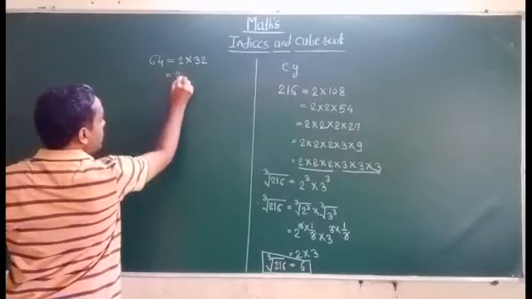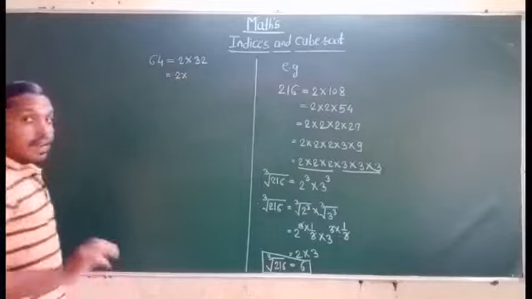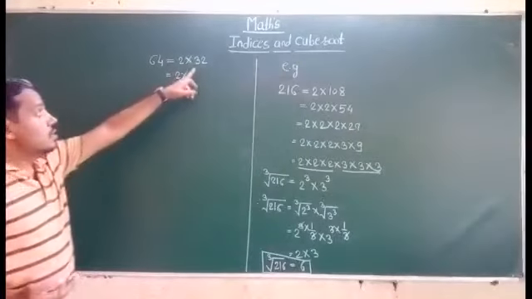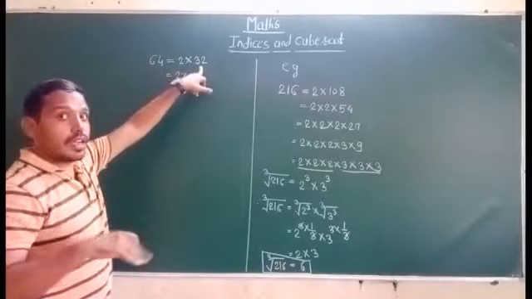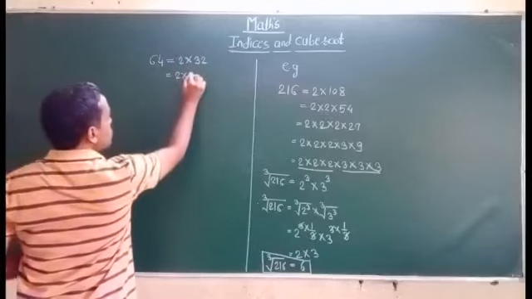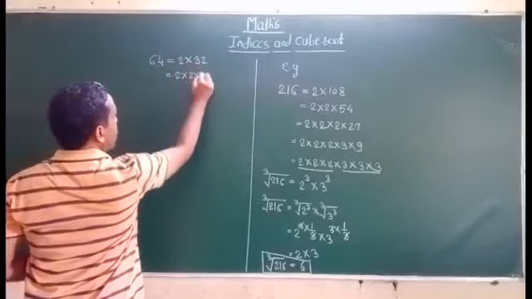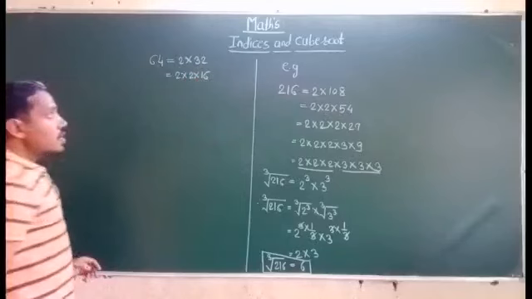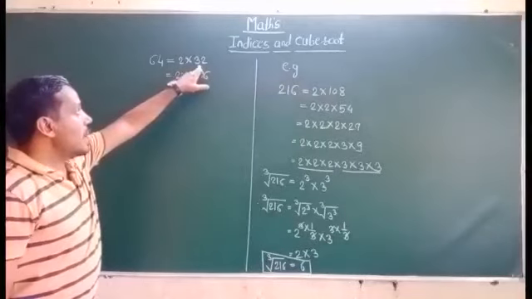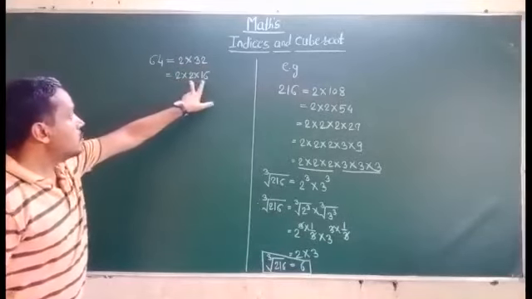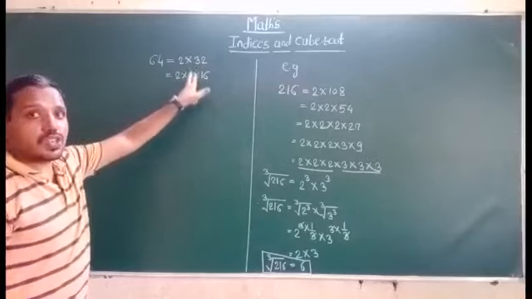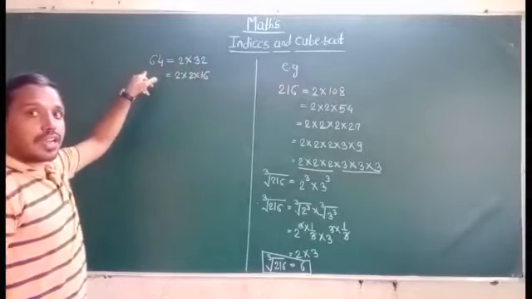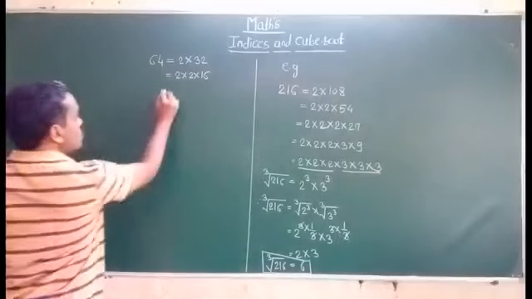That 32 is again divided by 2, so we write again in a product form. So 32 is split up in a product form of 2 and 16. 16 2s are 32. 32 2s are 64.